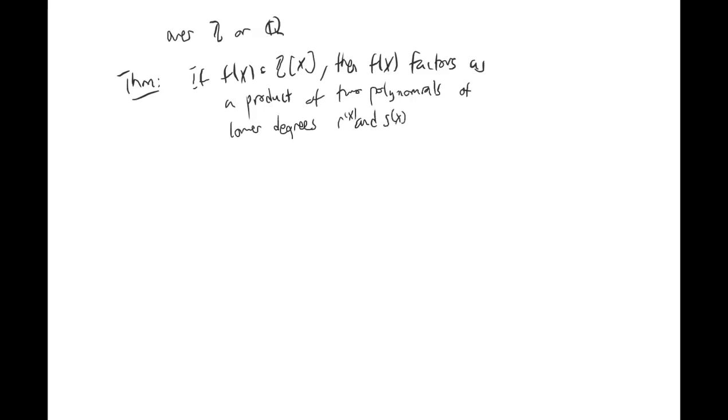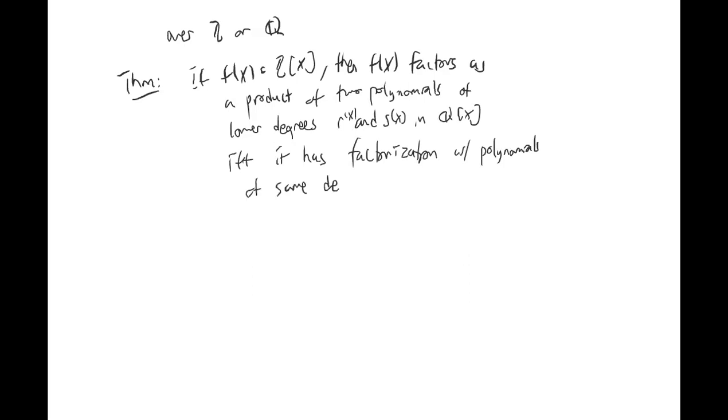So f of x in Q of x is reducible if and only if it has a factorization with polynomials of the same degree, R and S in Z of x.